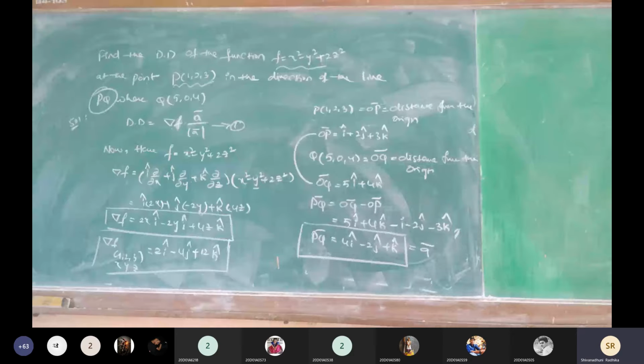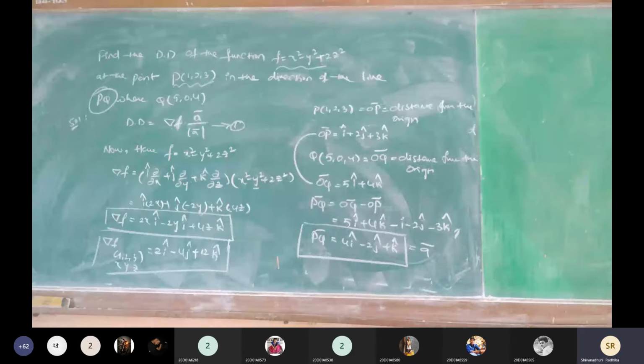Now, what is 1 by r? We don't have the scalar function directly, but it is a scalar point function, and then we can easily get the directional derivative. What is 1 by r? So we have to calculate that.